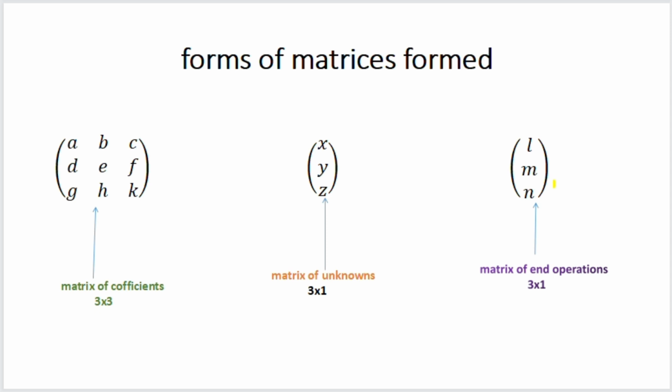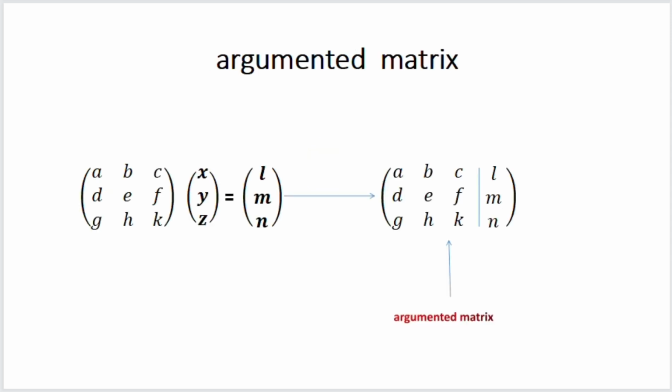For easy identification and easy solving, we have to form what we call an augmented matrix. An augmented matrix is just an appended matrix. We use an imaginary bar, which I'm representing with a blue bar, to separate the answers from the coefficients of the unknowns.